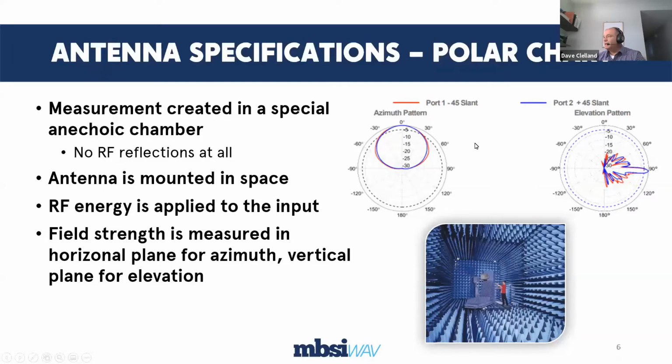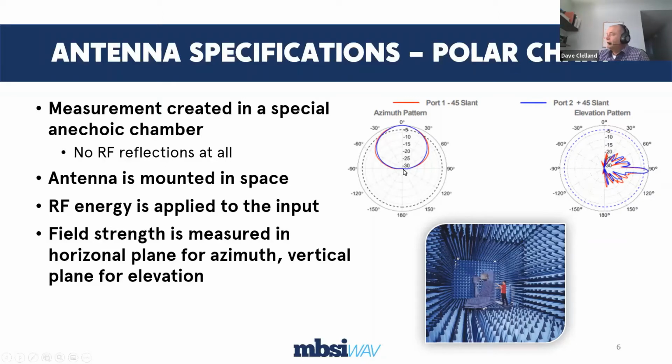And for this measurement, I wanted to show you what an RF anechoic chamber looks like. This anechoic chamber is designed so that it minimizes the reflections off the walls, floors, and ceilings in every direction from the antenna. This polar chart is created by measuring the signal strength being radiated out of an antenna at a very low level, because the anechoic chamber is not very big.